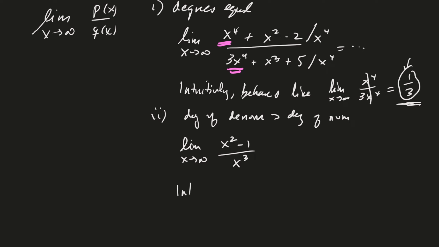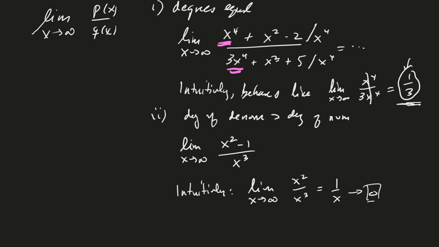Intuitively, what's happening? Leading term over leading term would give us x squared over x cubed, which is 1 over x. And so as x goes to infinity, this is going to go to 0. And so therefore we expect to see this limit going to 0. And in fact, that is what happens.